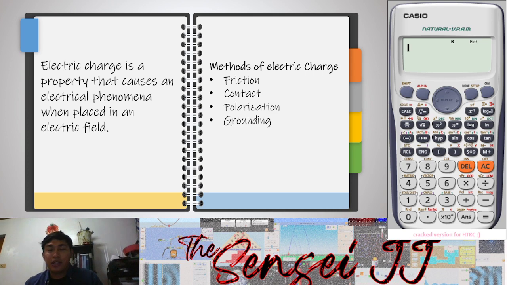Okay, so you will see friction. So kung may blanket ka tapos tumutulog ka, may maririnig kang mga lumalagitik dyan. Those are some of the frictional charges na nag-o-occur sa ating kumot. So that is electric charge.